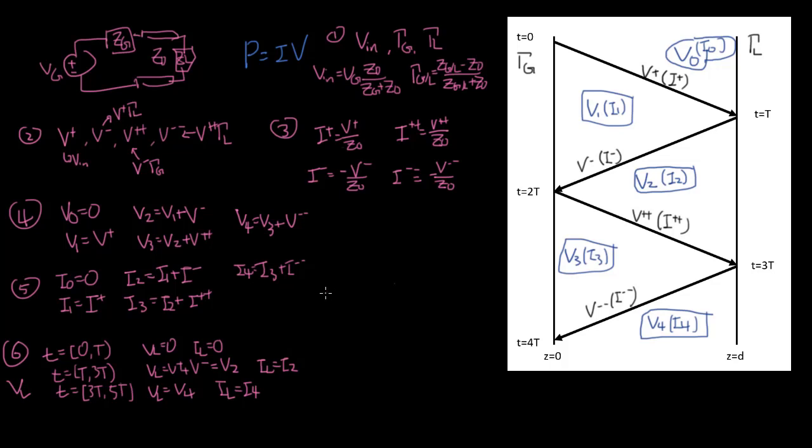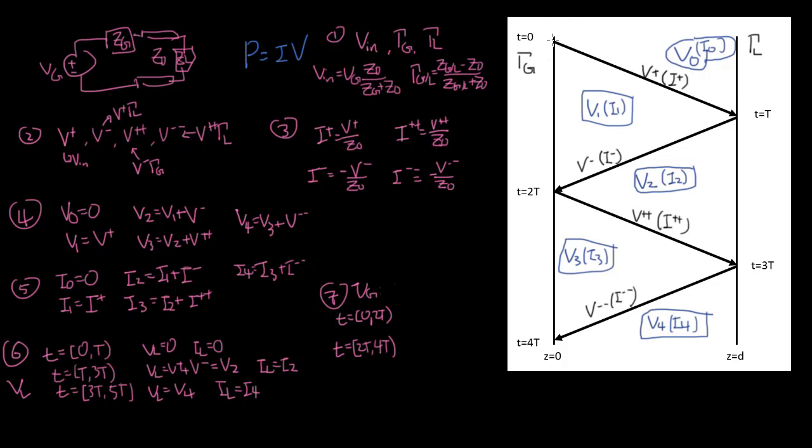And then the last part is at the generator side. So if we look at the generator side, there's one value from 0 to 2t, and then one value from 2t to 4t. From t equals 0 to 2t, we have something going on, and from t equals 2t to 4t, we have some other stuff going on.